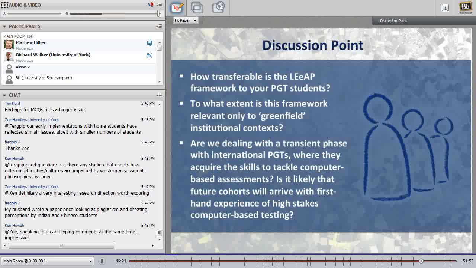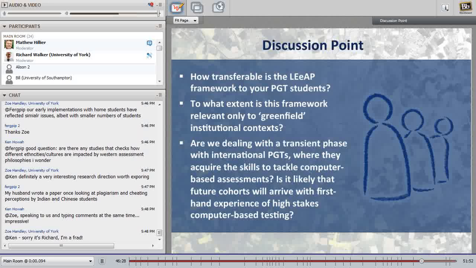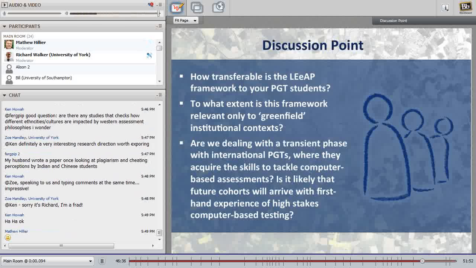If you'd like to post the technical questions to Richard on the chat and any pedagogy questions to me over the microphone, hopefully we can manage the discussion like that. So just to butt in there, if anybody wants to ask a pedagogically focused question, you may raise your hand using the little hand symbol at the top of the participants list.